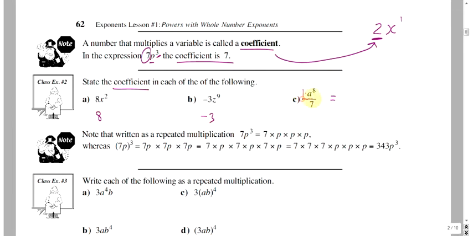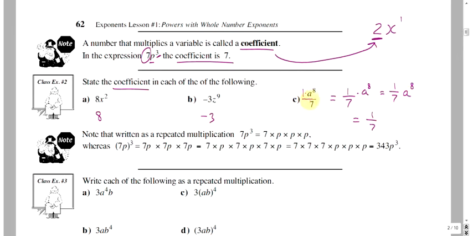I'm going to make this line a little longer, and I'm just going to rearrange it. Do you see what the coefficient is now? It's 1/7. Yeah. Okay. 1/7 times, I can even write that in the middle.